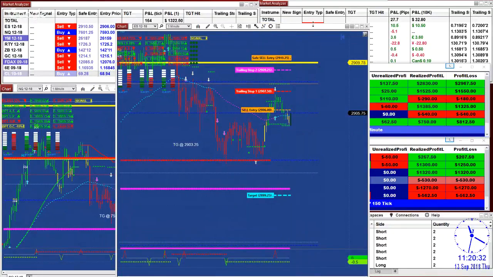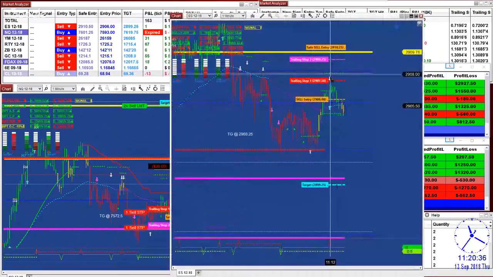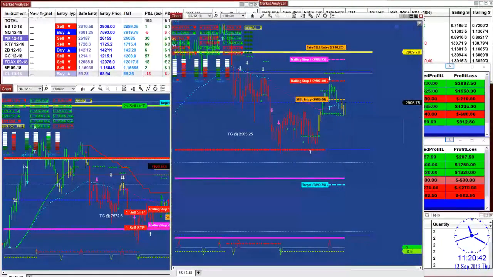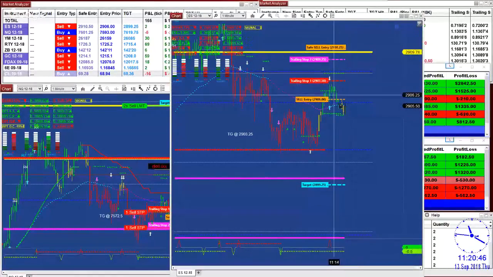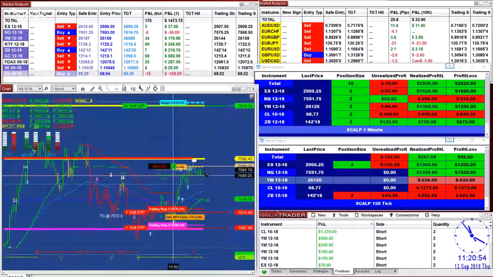What is really causing this Nasdaq not to go any further is that there was a little drop down to the projection on the ES, just as we were about to have a new signal on the YM. This ES has dropped a little bit, so it's causing a little delay for this Nasdaq to move.